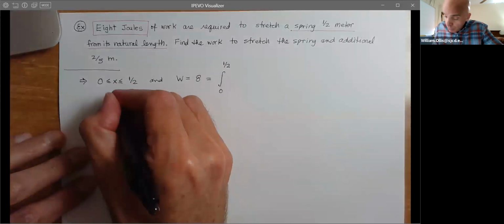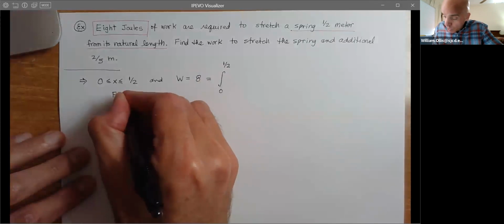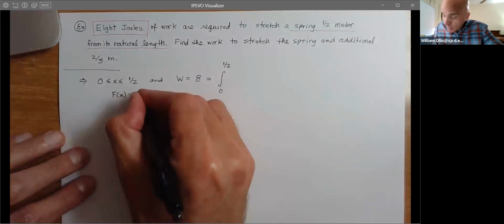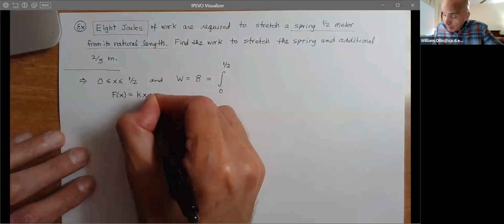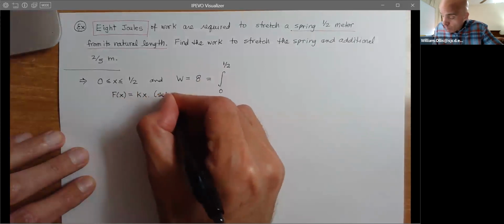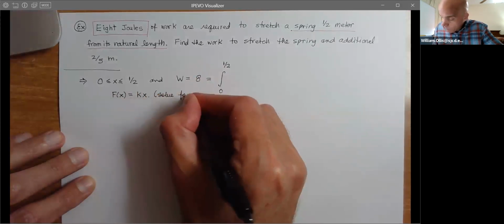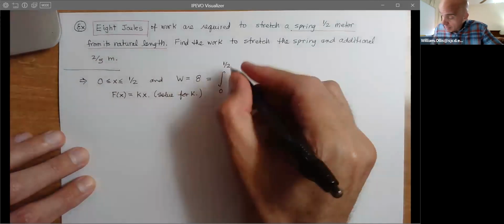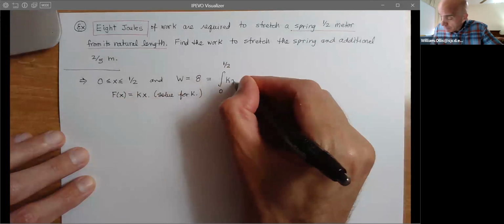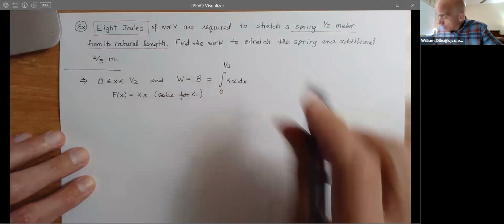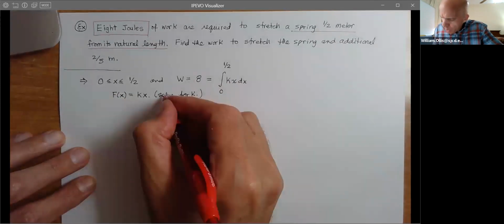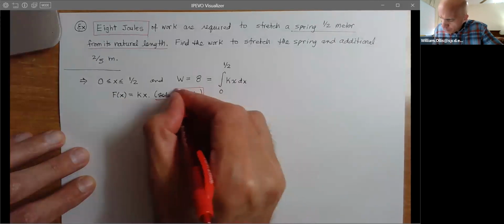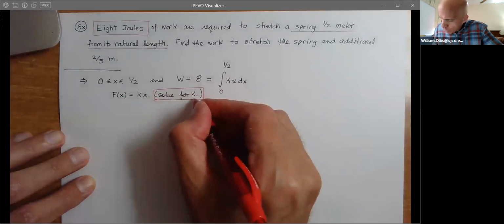But now, of course, here, the variable force is Hooke's law. So basically, this will allow us to solve for K. So we use Hooke's law, so we get Kx dx. So this is important. This problem is written just very differently. So solve for K.